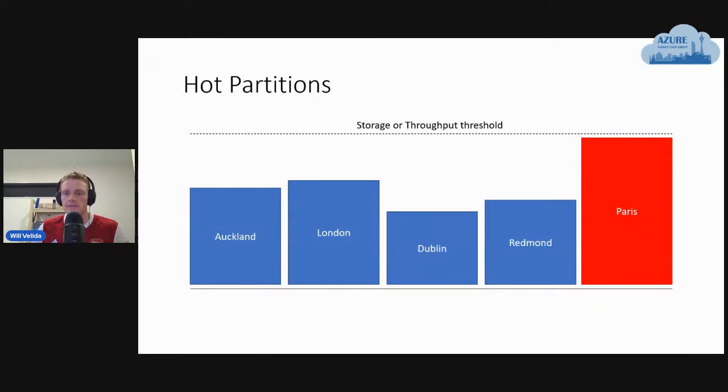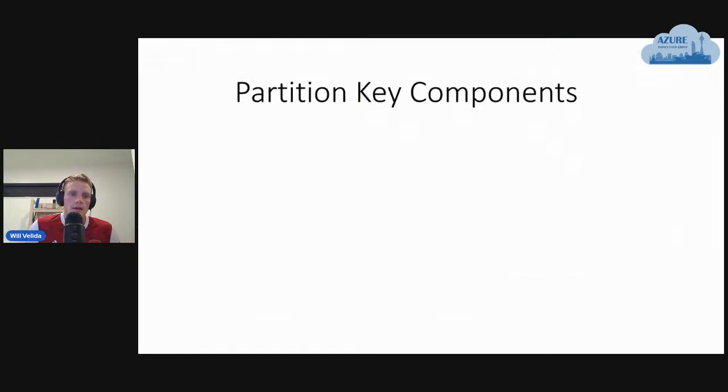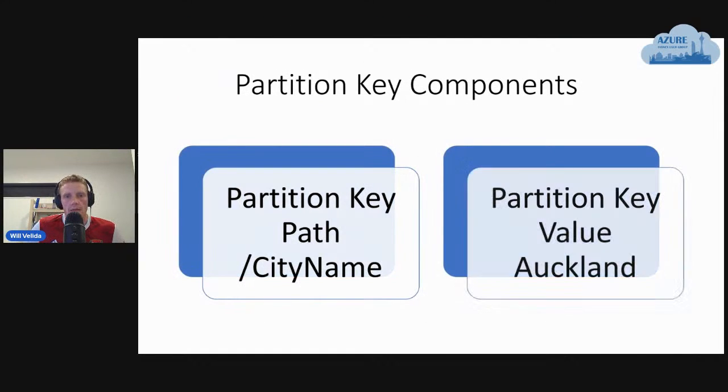So what makes a good partition key? How can we design this better? Just to recap, a partition key has two components, essentially the path and the value. Using our hotel example from before, we can see that the partition key path is city name.